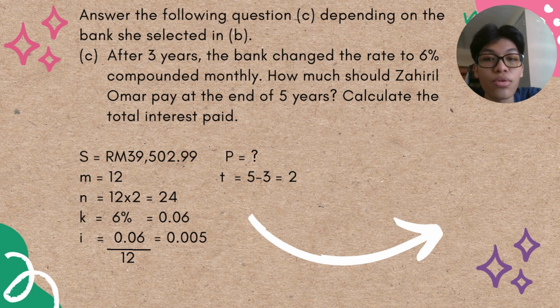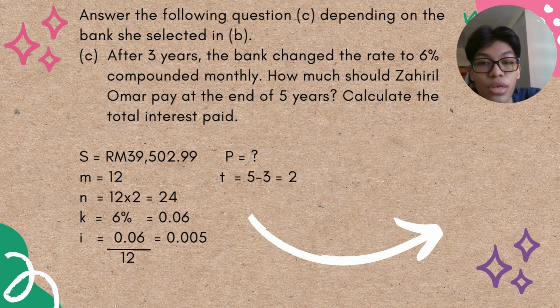First, we list out all the info that we got from the questions. S equal to 39,502.99 ringgit. We got this from the bank that she selected in question B, which is Budi Bank.